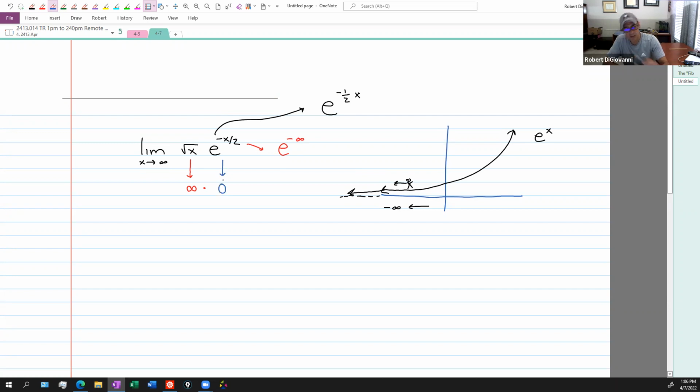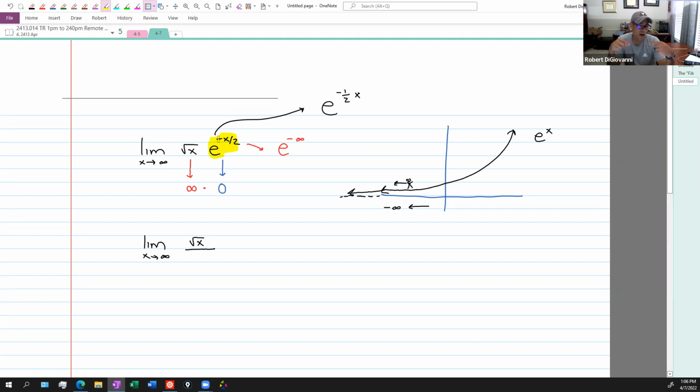So we have infinity times 0. And I said, anytime you have infinity times 0, you're going to have to pick one of them and drop it to the bottom, right? So the question becomes, which one do we drop? I think I'm going to do it this way. I'm going to leave the square root of x on top, and I'm going to drop this e thing to the bottom.